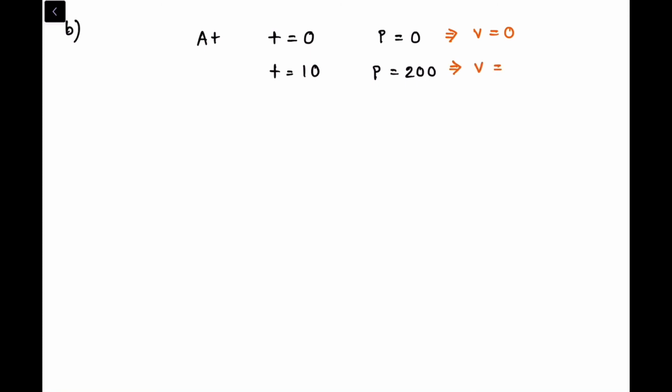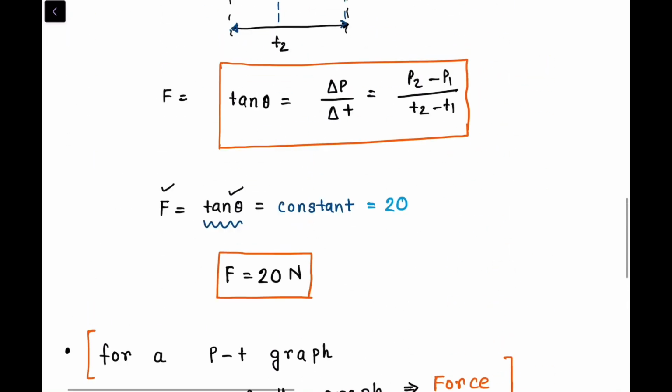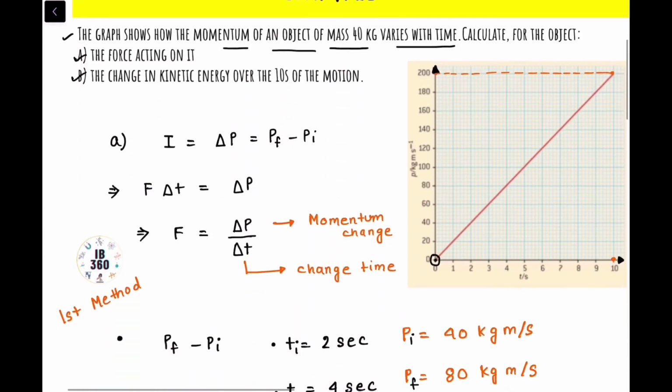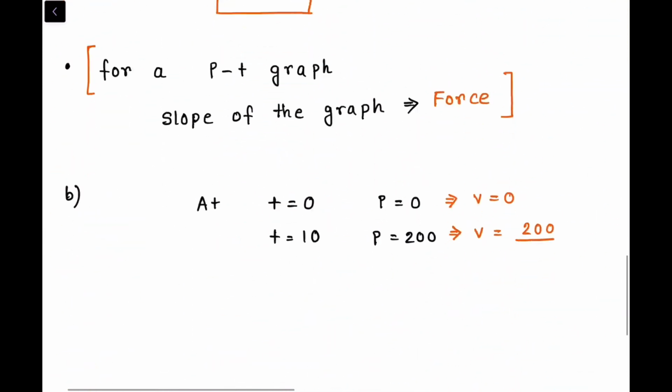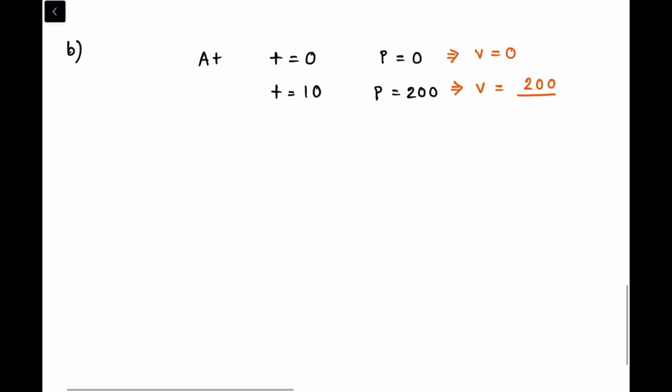Mass into velocity is momentum, right? So velocity will be 200 divided by mass. And what is the mass? The mass is how much? 40 kg, right? So the velocity will be how much? Velocity will be 5 meter per second, right?